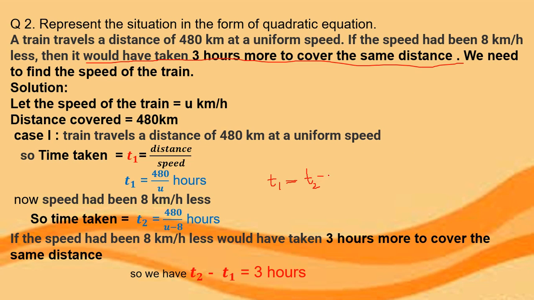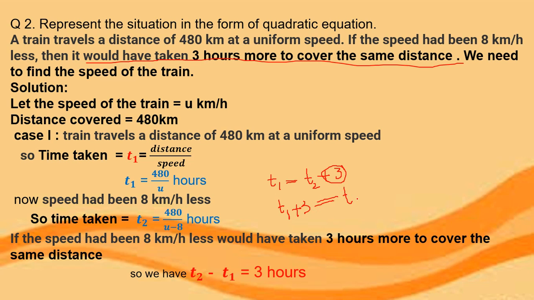So the 3 will not be added to t2. Why? Because whatever the time taken, t2 is more than t1. So how will it be equated? If we take t1 plus 3 hours, then the time becomes equal to t2.